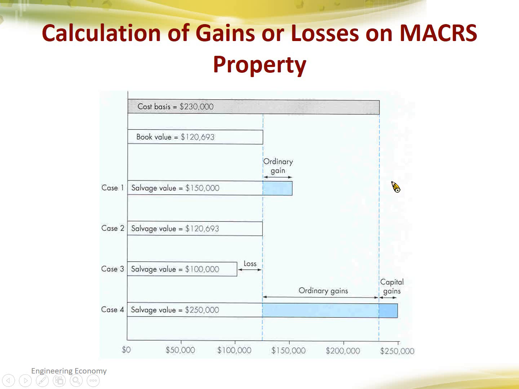But if the salvage value is much higher than book value, in fact higher than cost basis, we'll pay tax for ordinary gain on the amount above the book value, and this small amount which is higher than cost basis will pay capital gain at the higher income tax rate.